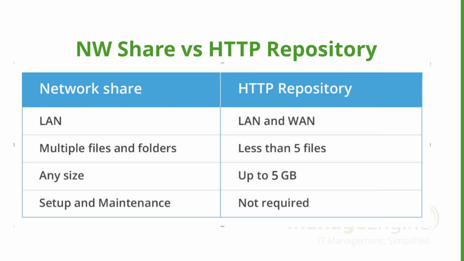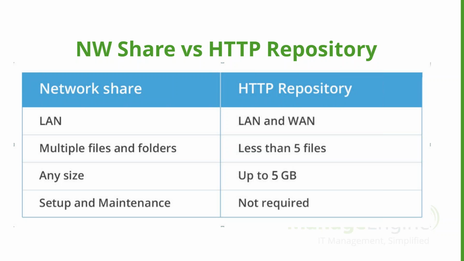Since it's locally created, you can have multiple files and folders in a specific order, but arranging files would be pretty difficult with an HTTP share, so I would recommend you add fewer than 5 files. Size always matters when you want to transfer a file or folder from one location to another.